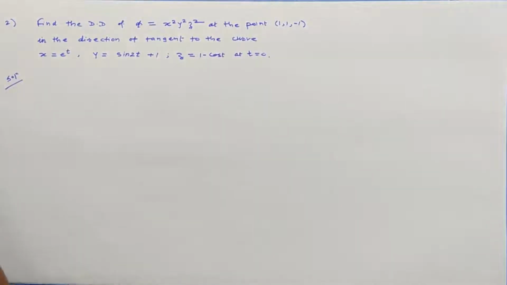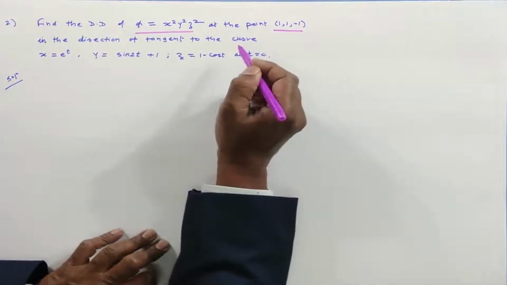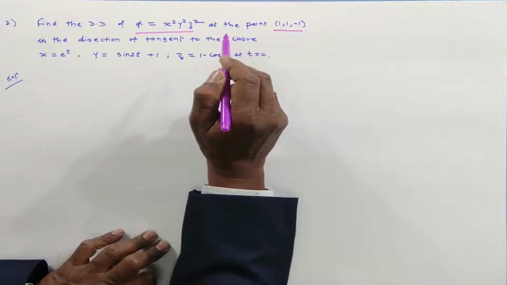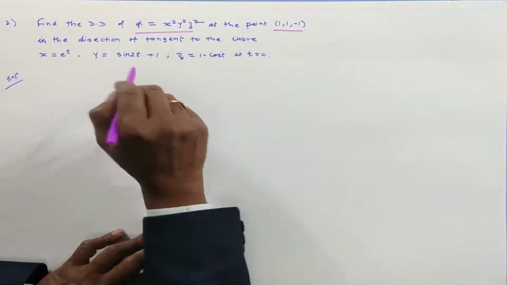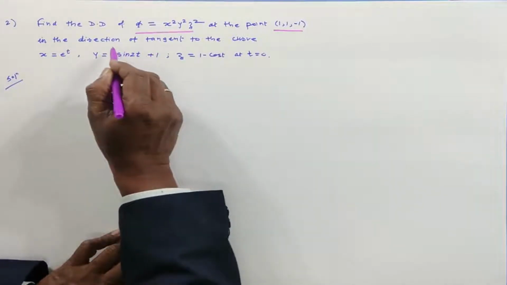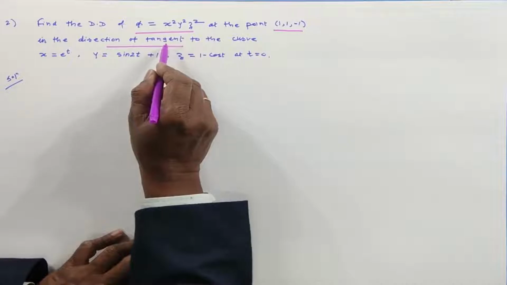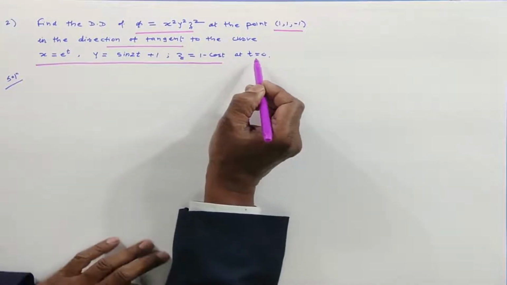We have to find the directional derivative at this point. And in which direction is the directional derivative required? Here in this problem, it is required in the direction of the tangent, and this tangent is to this curve at t equal to 0.